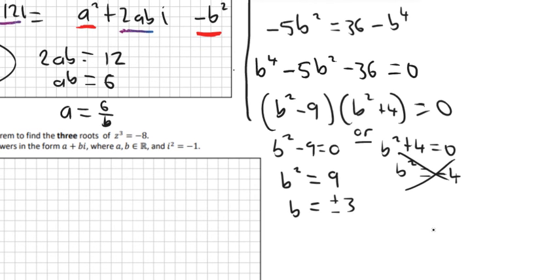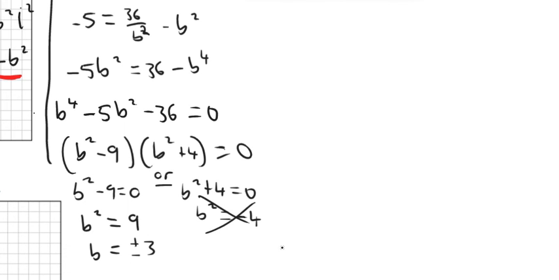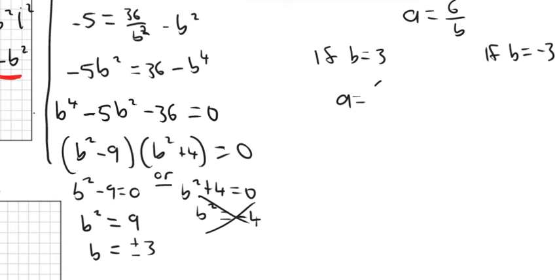Now remember this equation here, we had a is equal to 6 over b. So you can sub back into that. So if b equals 3 and if b equals minus 3. If b is 3, then a is 6 over 3, so that's 2.